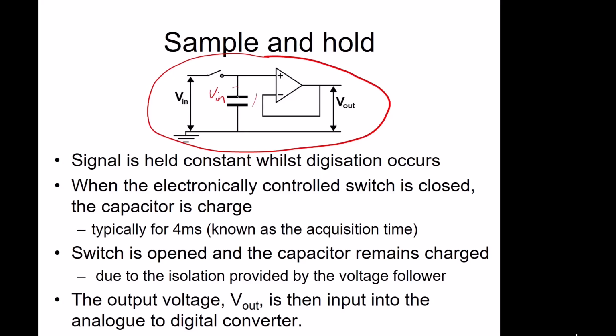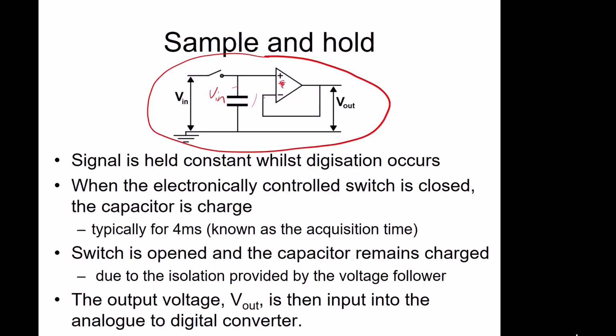Now we don't want this capacitor to discharge. So what we have is the voltage follower arrangement here. So this is a unity gain non-inverting amplifier arrangement. Because this has a high input impedance, you do not get any current flowing, so you're not discharging the capacitor.